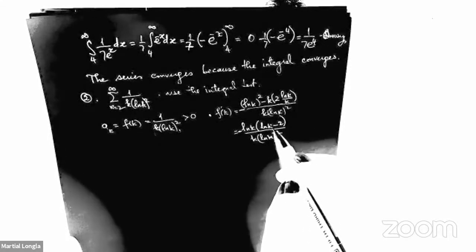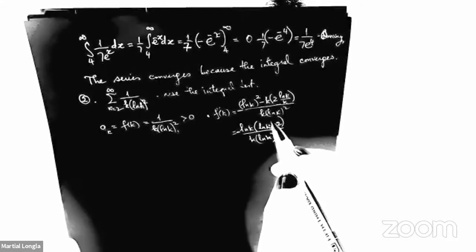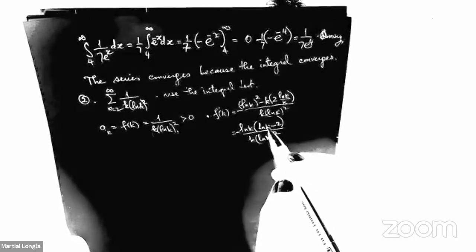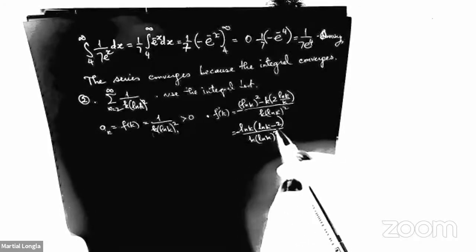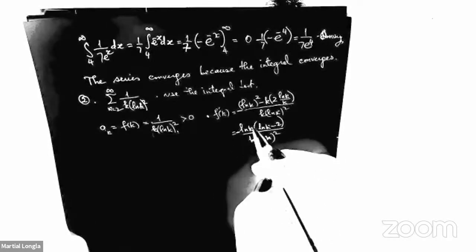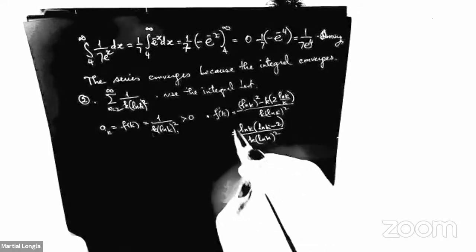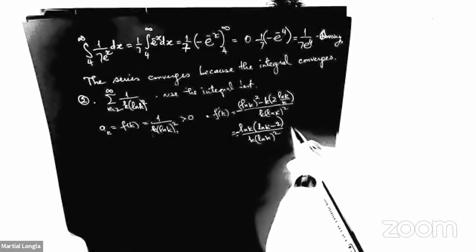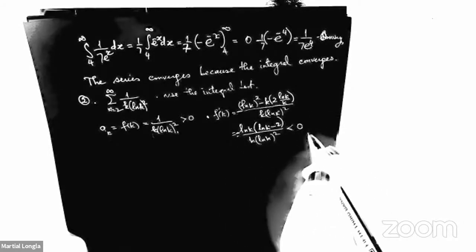If k is larger than e squared, which is at least 7, or say larger than 10, then this thing is going to be positive. Ln of k minus 2 is positive, ln of k is positive, and the denominator is positive, and the negative sign here tells you that this is going to be negative for large k's.